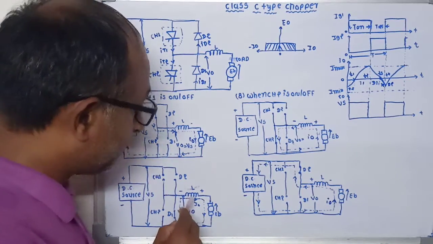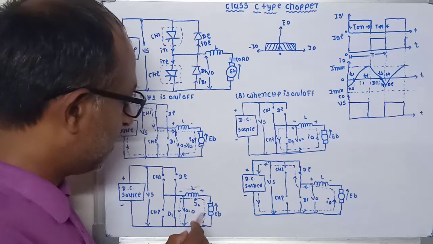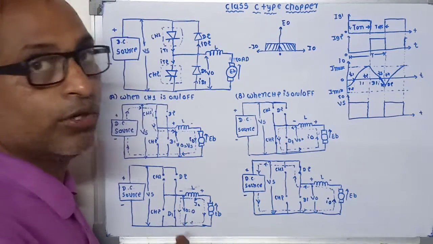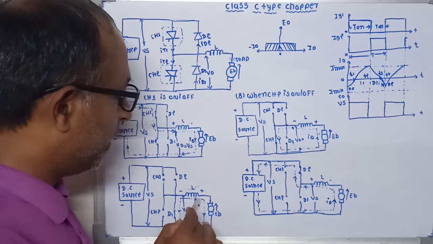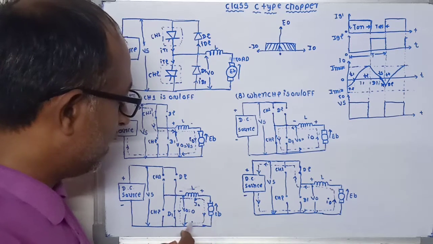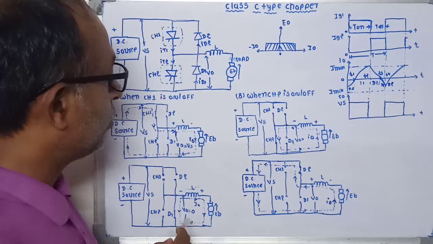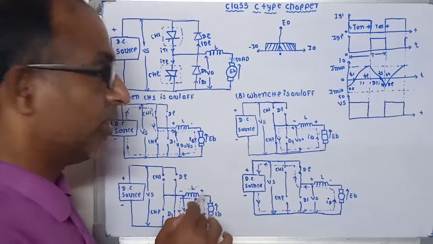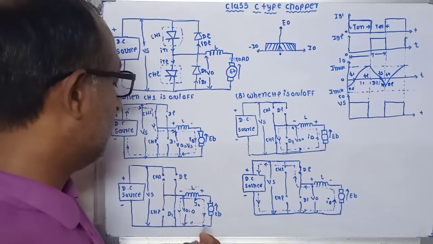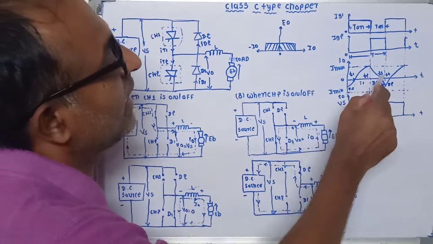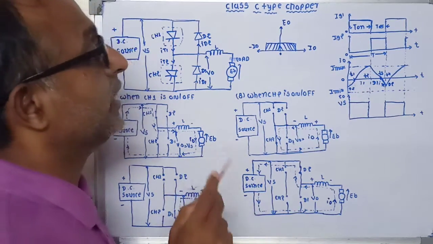Due to this voltage the diode D1 turns on, and the current starts to flow from inductor L to load to D1 to inductor. So your current is still in the positive direction. The current decreases at T3 time.